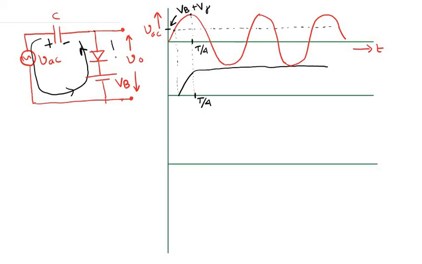The diode only allows a current in the other direction, but to discharge the capacitor the current must flow in the reverse direction. The diode doesn't allow this direction of current flow, so the capacitor cannot discharge. So this is again our time axis, and this is the voltage across the capacitor. Let us call it Vc.